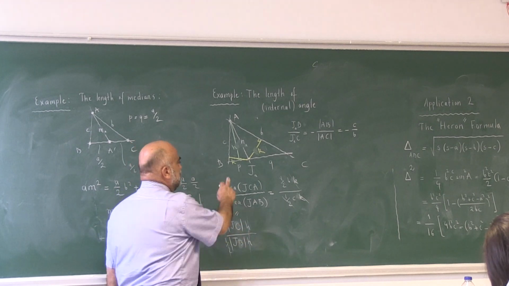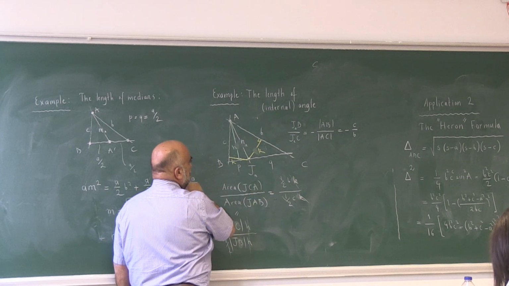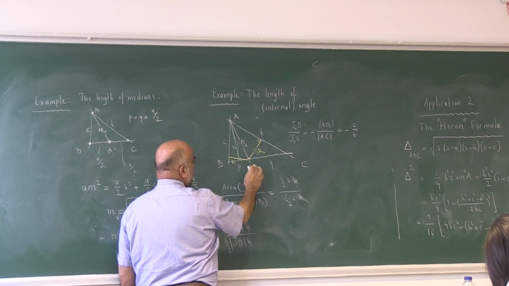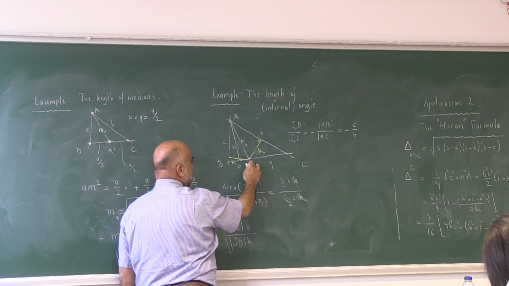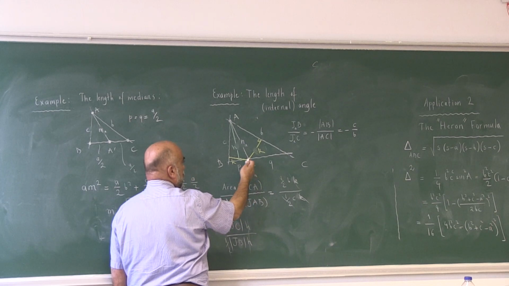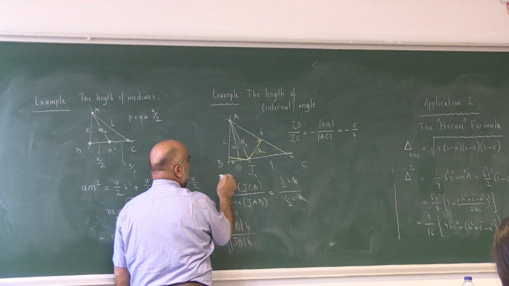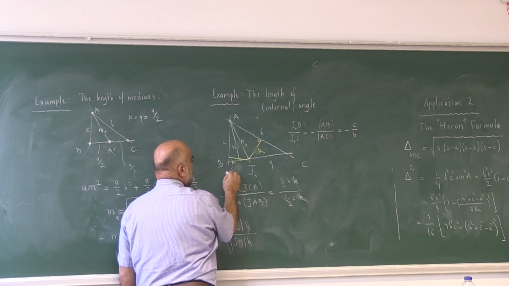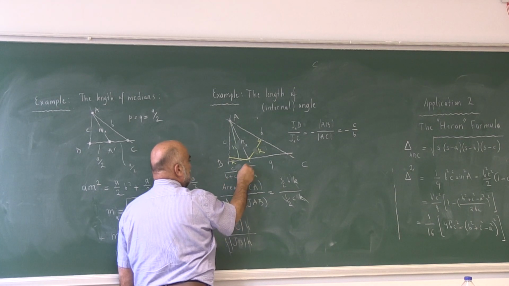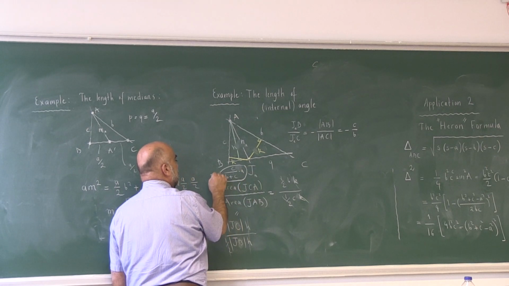Now let's find P and Q. Well, that's not too difficult. Since the internal bisector divides the opposite side in the ratio C to B, this P is simply C divided by B plus C times A. That's your P, obviously.